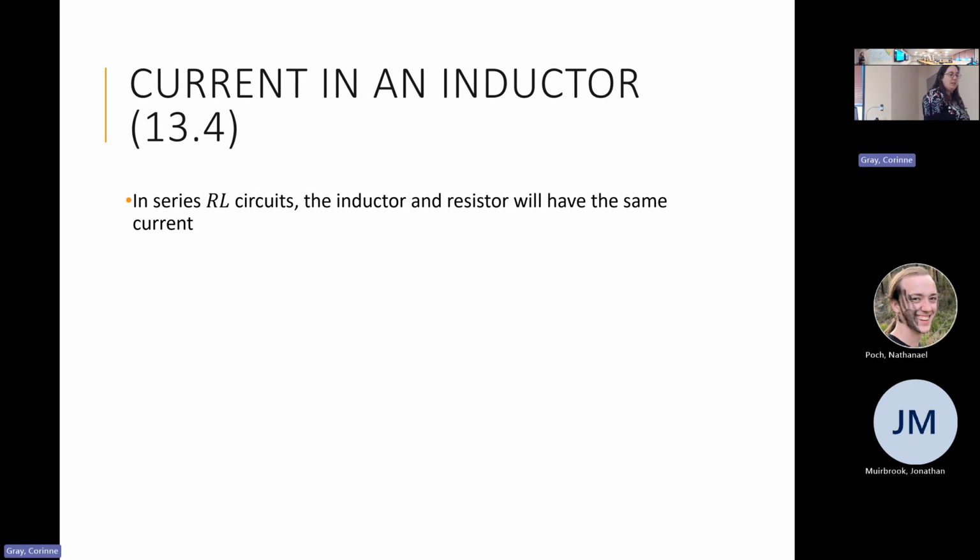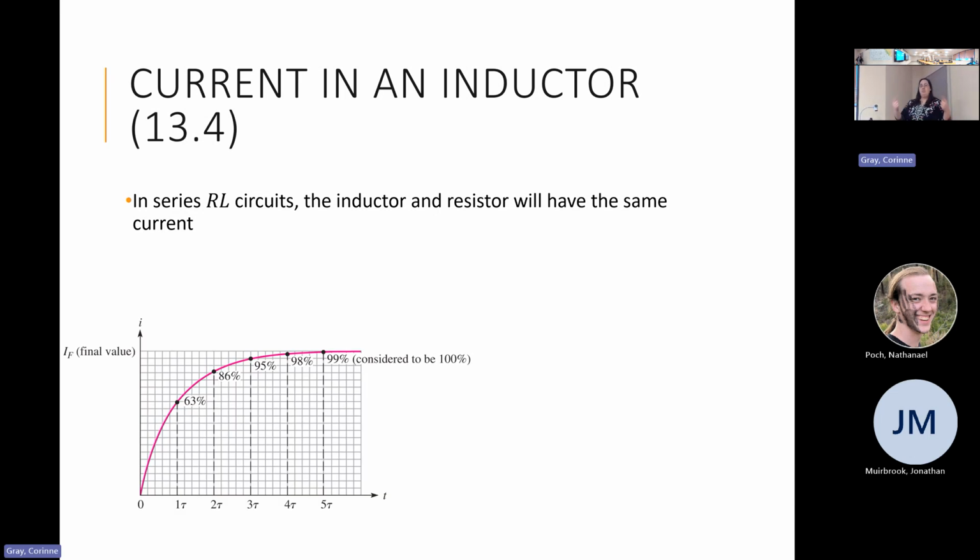Can somebody explain to me what the current did as a function of time when we had a resistor capacitor circuit? What did the current do over time? Yeah, it had that exponential curve to it.